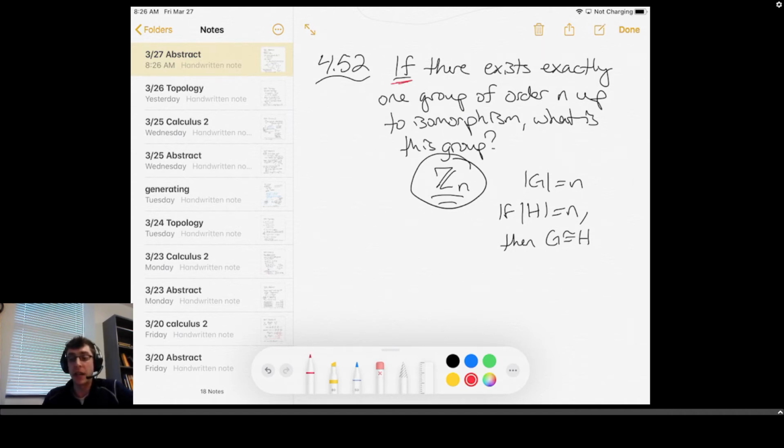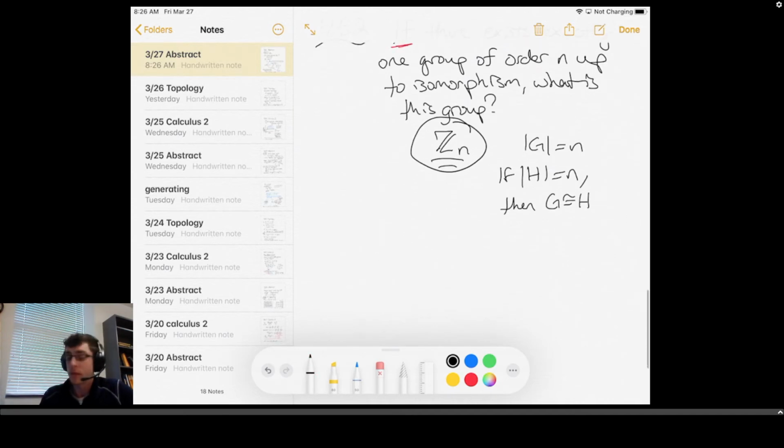So for some n, this will not be the case. 4 also, right? We know that there are 2, the Klein 4 and Z4, so 4 also would not be true. Z5 though is the only group of order 5, for instance. Do we know what n this is true for? It is just primes, right?